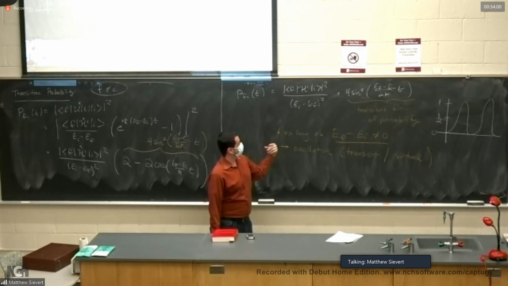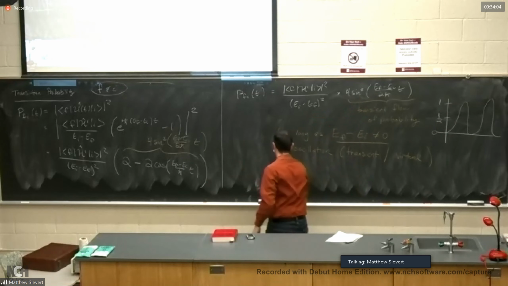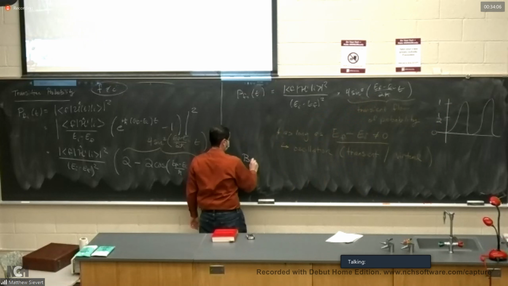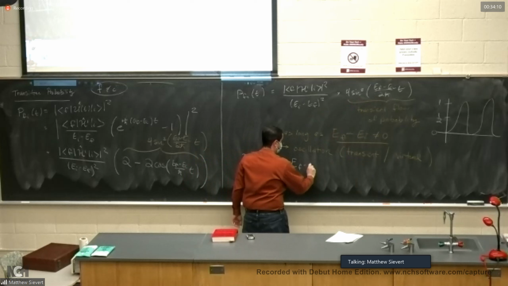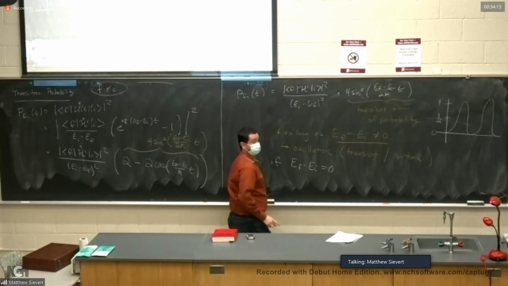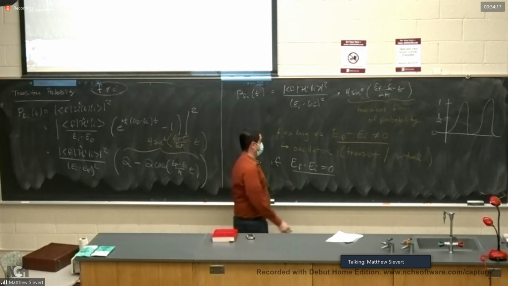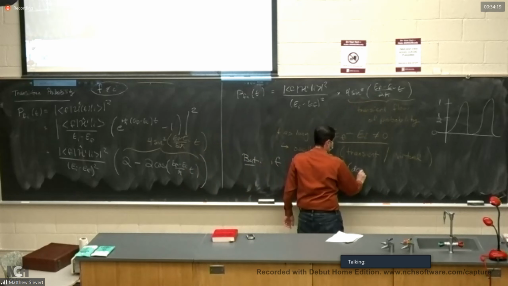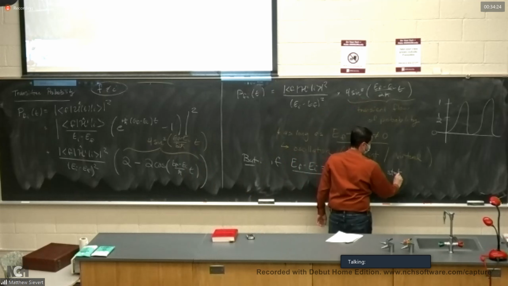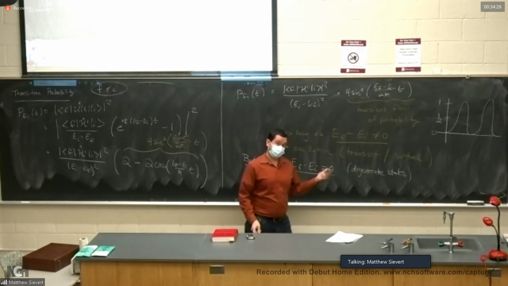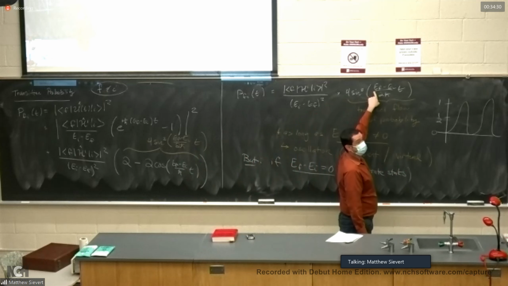The only exception to this is if that phase is equal to 0. If E final minus E initial is equal to 0, this would be the case of degenerate states. If I have two states at the same energy, then that means that at any time, this difference is 0.